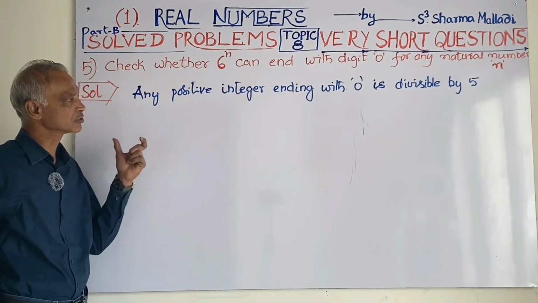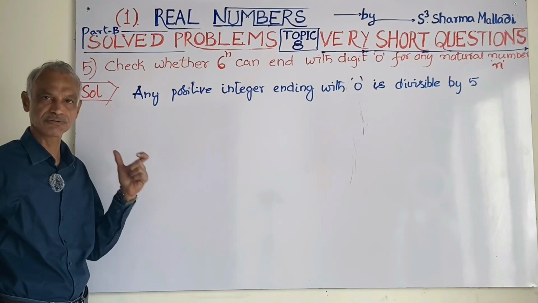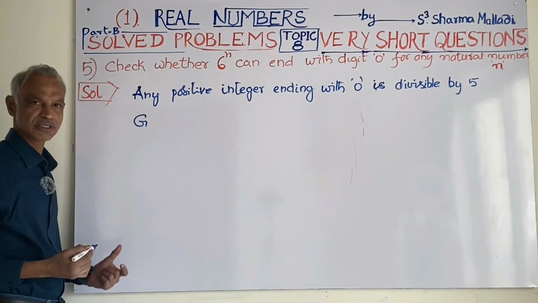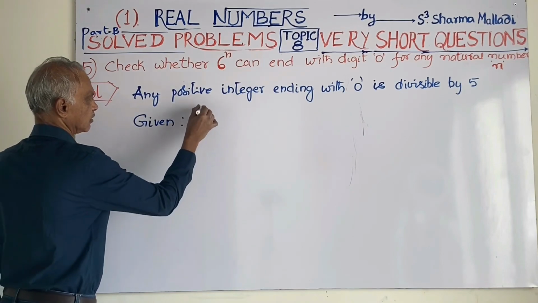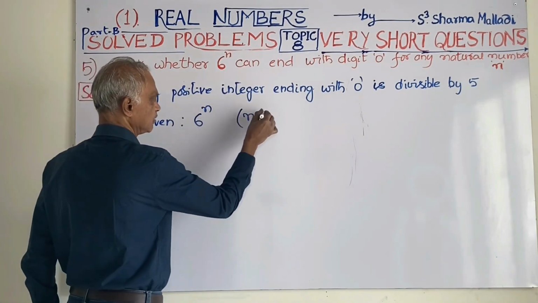You see, any positive integer ending with 0 is divisible by 5. What is given? 6 to the power of n. n is a positive integer.